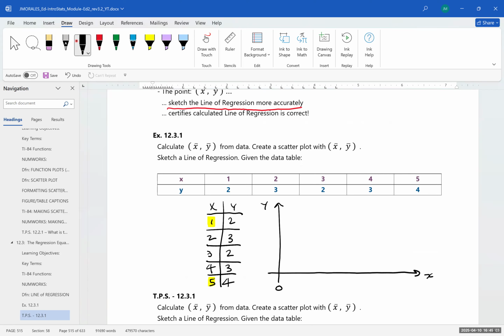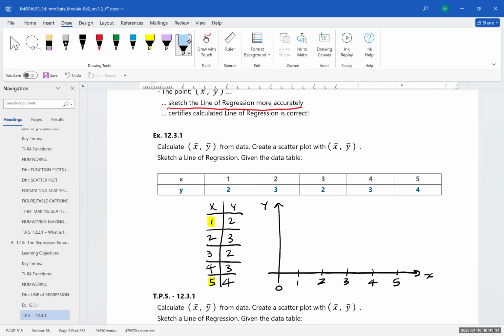So I'm going to put 0, 1, 2, 3, 4, 5. It's not going to be perfect because I'm sketching this by hand, but I'm going to do the best I can to make these tick marks as evenly spaced as possible.